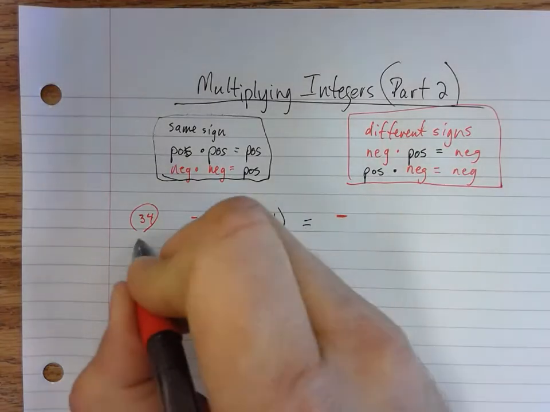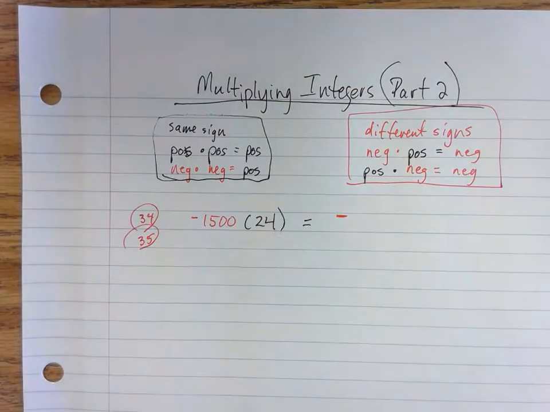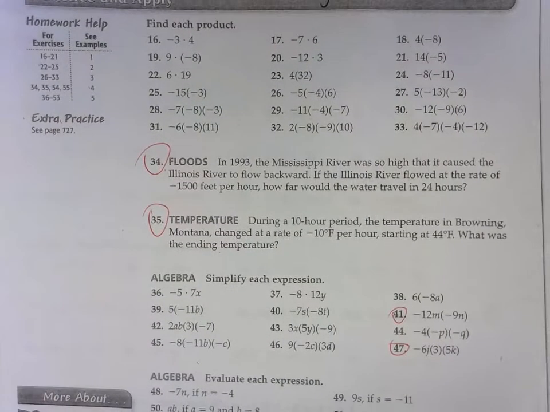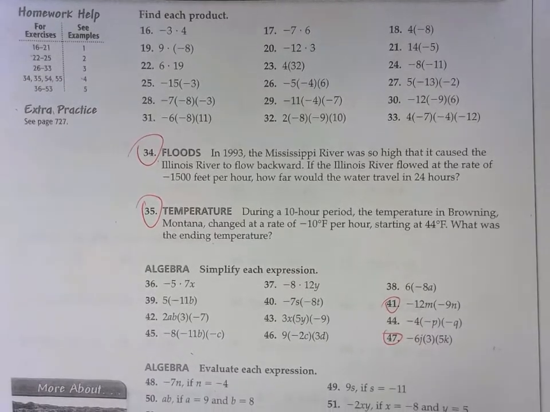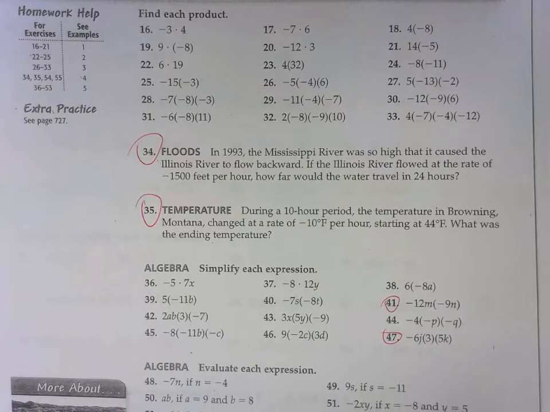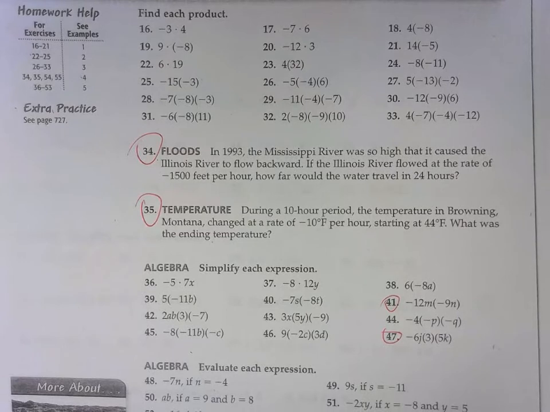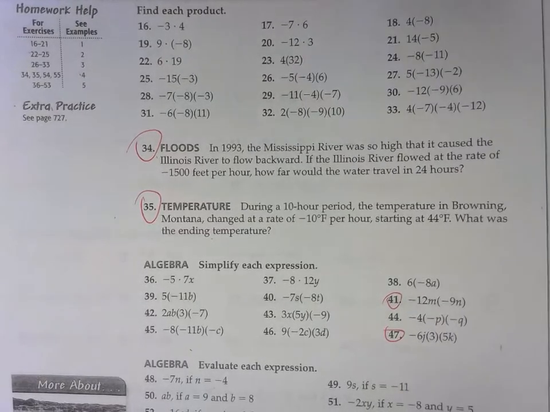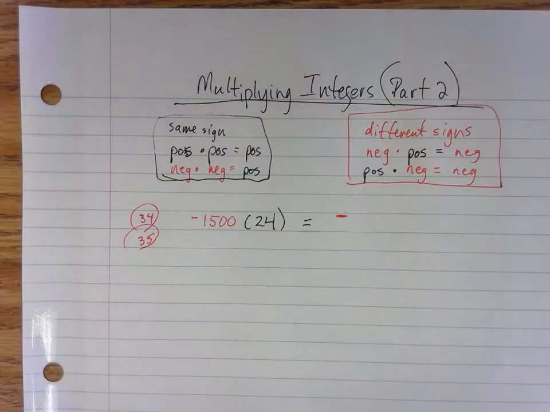Alright, in number 35, it is asking about the temperature rate change in Browning, Montana. Okay, it says during a 10-hour period, it changed at a rate of negative 10 degrees Fahrenheit per hour, and the temperature started at 44 degrees Fahrenheit. What was the temperature at the end? Okay, so we're talking about a 10-hour period, negative 10 degrees.